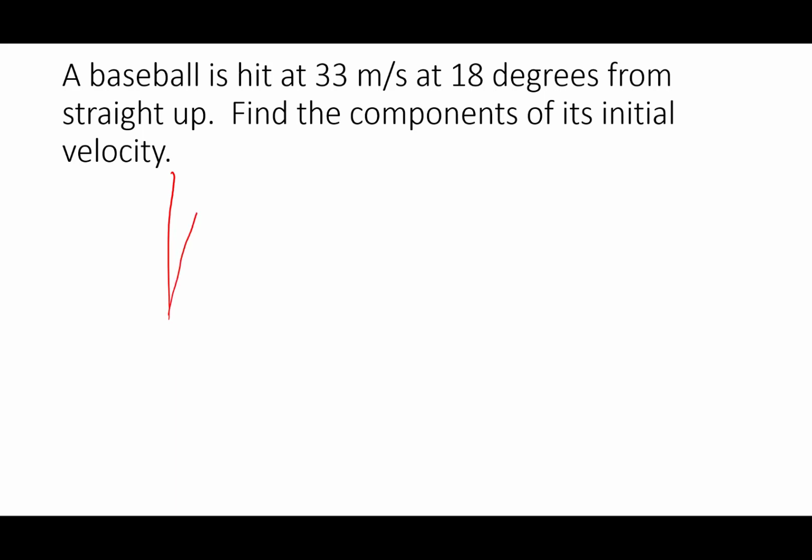It's going to be something like this. I'm going to make that triangle a little bigger, exaggerate it quite a bit. 18 degrees, and it's 33 meters per second. That's our velocity.